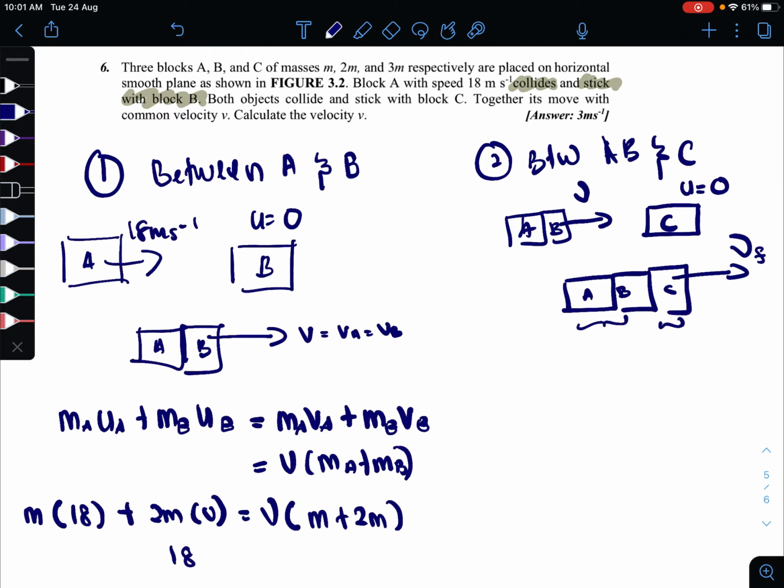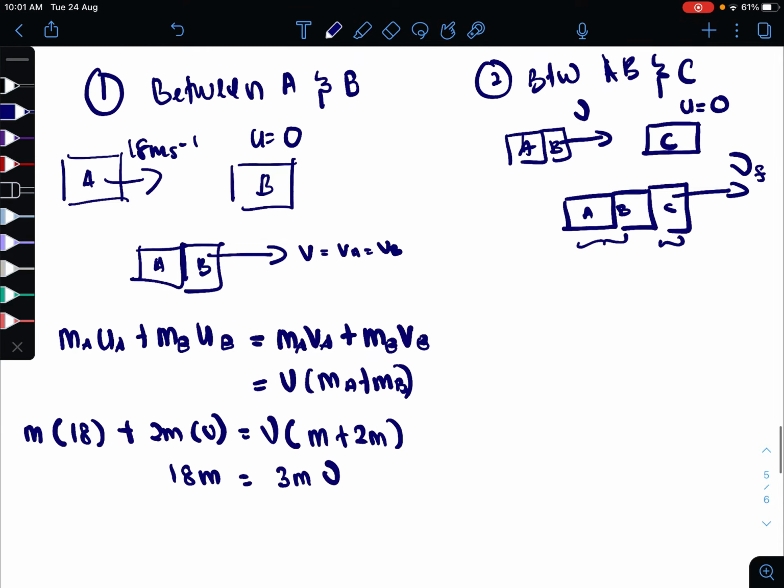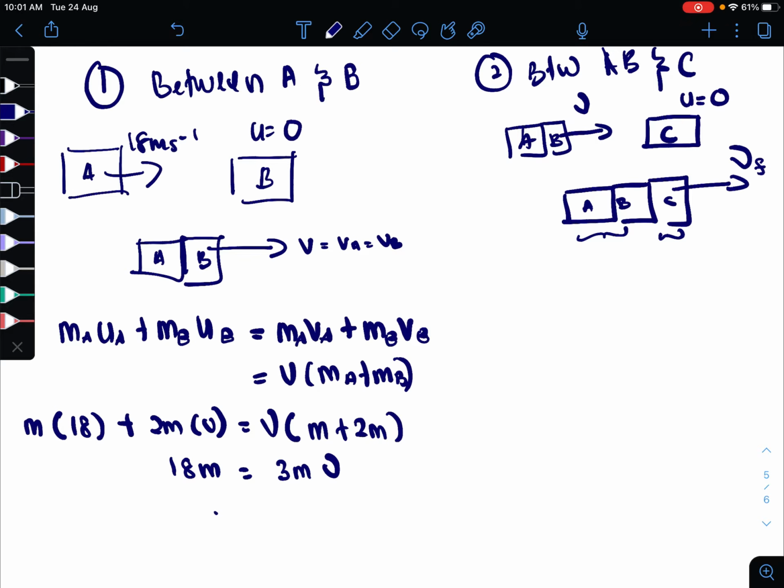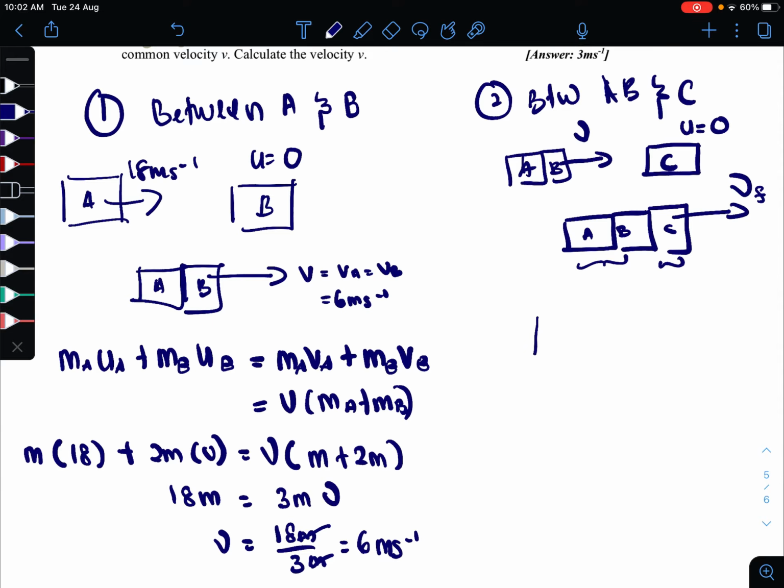So we end up with 18M is equal to 3MV. What we are looking for is V, so divide 18M by 3M. 18 divided by 3 gives 6, and the M cancels. So the velocity at which objects A and B move is 6 m/s.